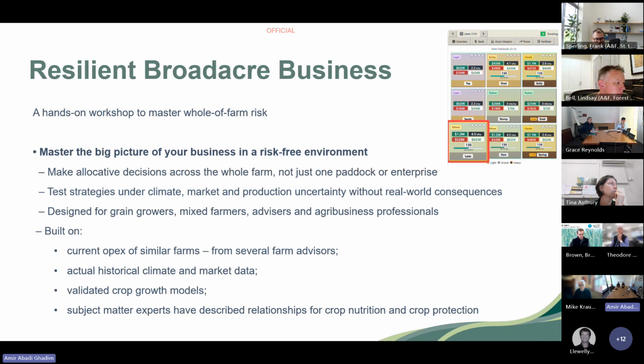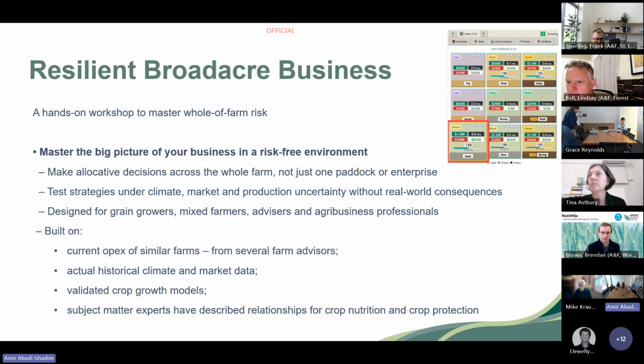So it's a hands-on workshop so that you can look at risk from a whole farm perspective, but it also lets you see risk from individual paddocks perspective. Each of the fields, they're large fields, you have 9 of them in this case.